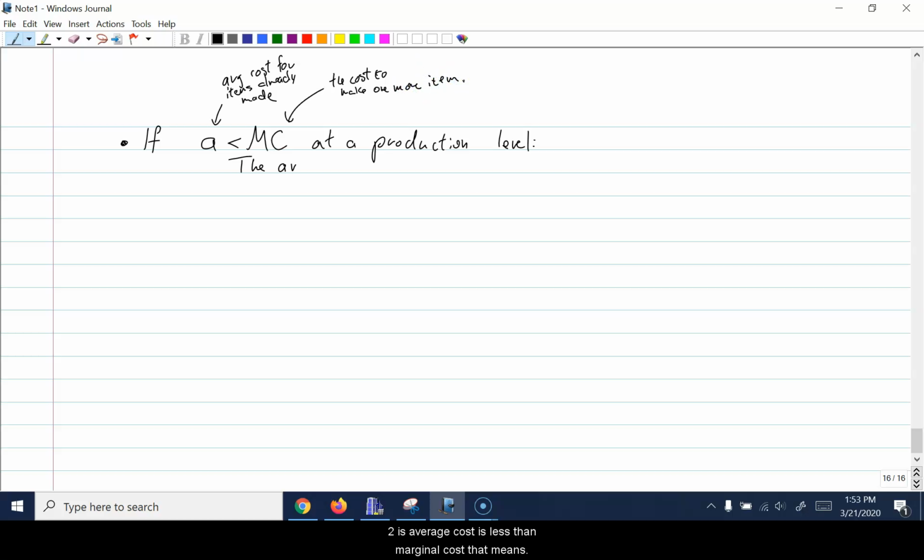So if average cost is less than marginal cost, that means making one more item, the next item we make, will cost more than average. Average cost of items already made.